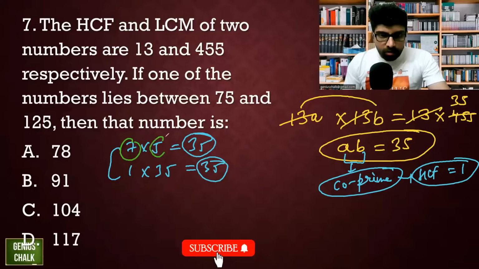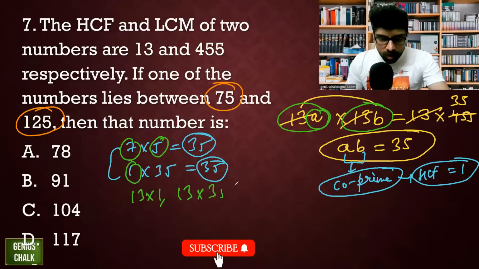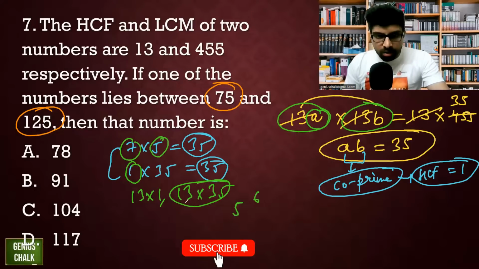Now, 7 and 5, what will the numbers be? One hint is already given, that the number must lie between 75 and 125. So if I keep 13A and 13B, 13 into 1 is the first number, and 13 into 35, 13 5s are 65, 13 3s are 39 plus 6 is 45, so 455.